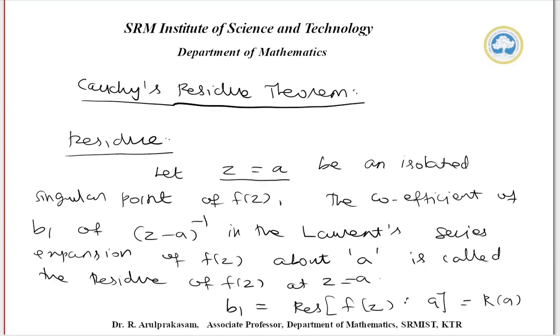Here I mentioned the coefficient in the Laurent series expansion. Last class we discussed the Laurent series expansion of a function and the Taylor series expansion. In the Laurent series expansion we have two parts, the principal part and the regular part. In the negative power, the coefficient of (z minus a) to the power minus 1, that is b1, is called the residue of the function f of z at the point z equal to a.